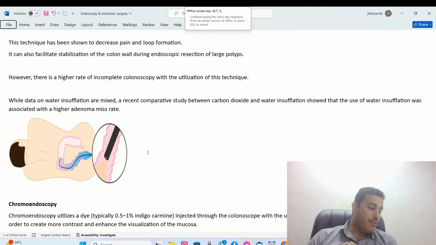The colon wall will be more stable, but it is associated with a higher rate of incomplete colonoscopy and unfortunately a higher rate of missed adenoma detection. So it has advantages and disadvantages.